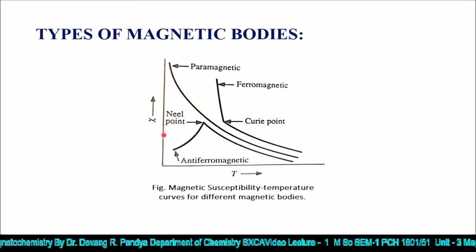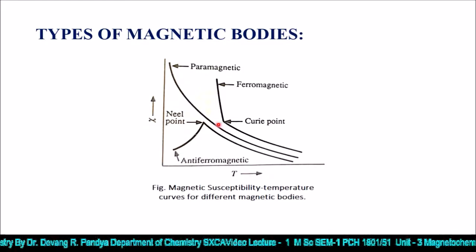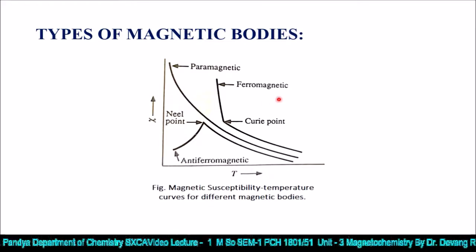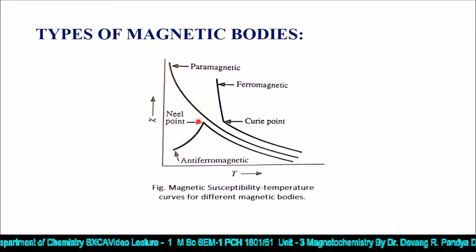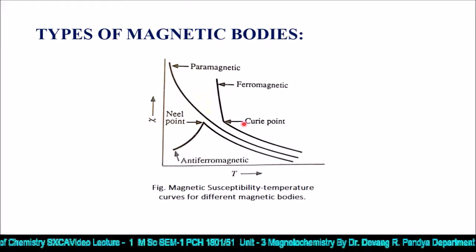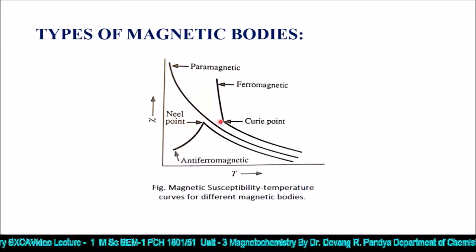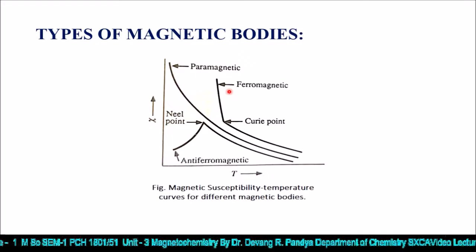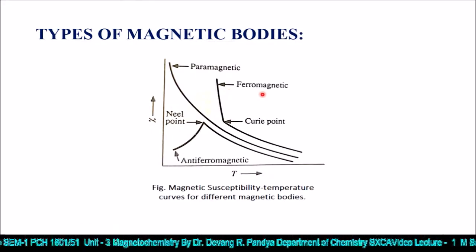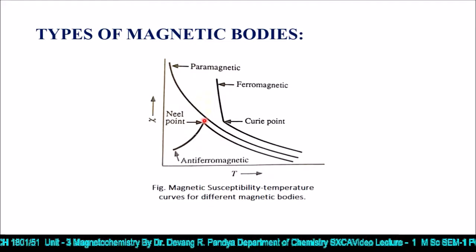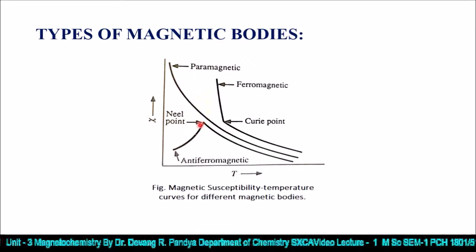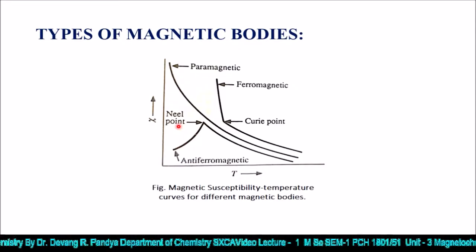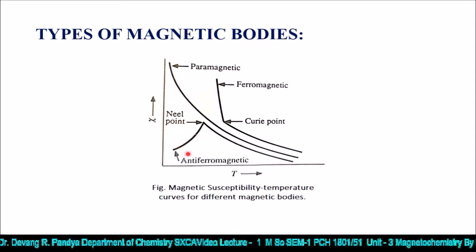So the magnetic susceptibility versus temperature plot bifurcates paramagnetic material into two classes, ferromagnetic and antiferromagnetic, depending on these two temperature points, the Curie point or Néel point. From the Curie point, if the magnetic property of the substance increases at lower temperature, it is ferromagnetic, and from the Néel temperature, if the magnetic property decreases, then it is considered an antiferromagnetic material.